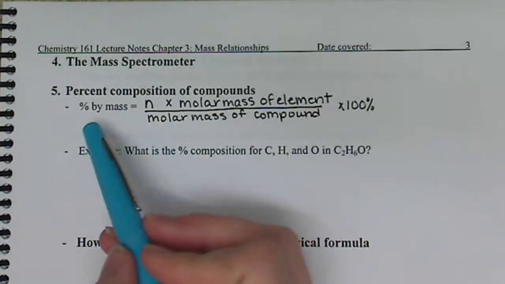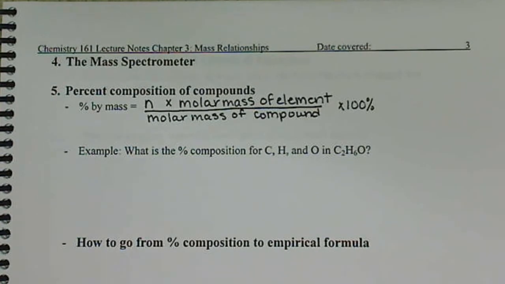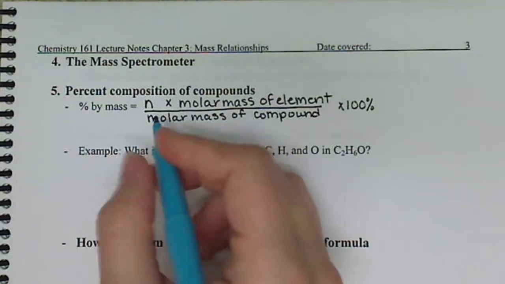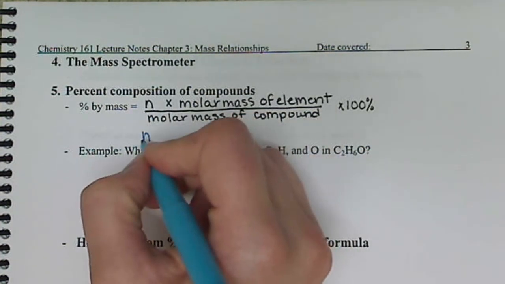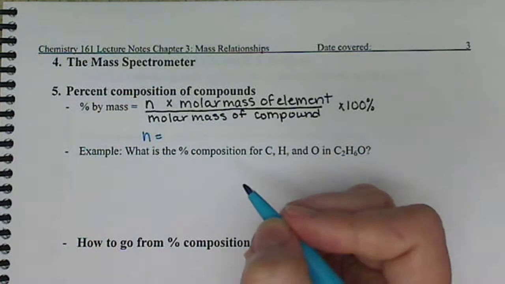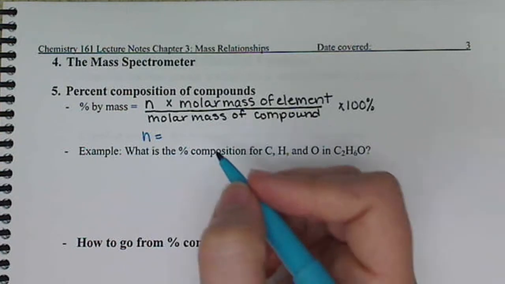So what we're looking at with this percent by mass is how much of our compound is composed of which elements. So N represents the number of moles of whatever element we're looking at in 1 mole of the compound.